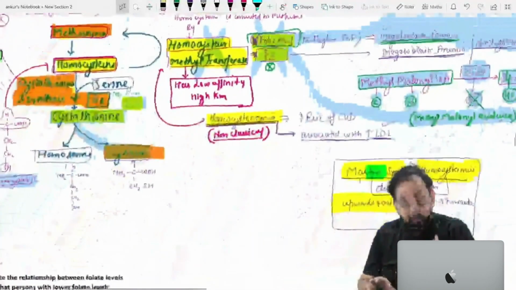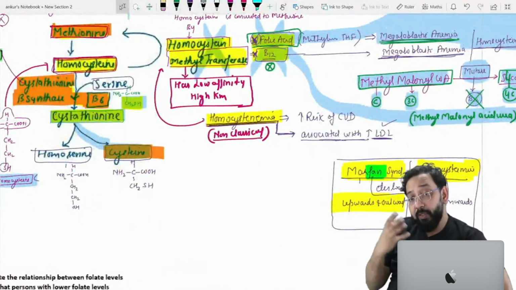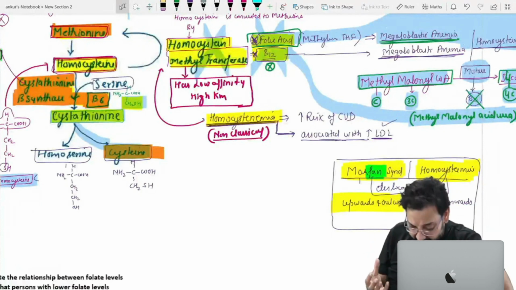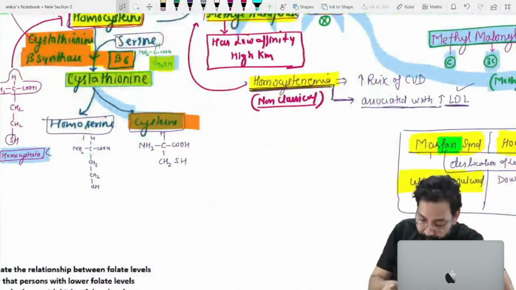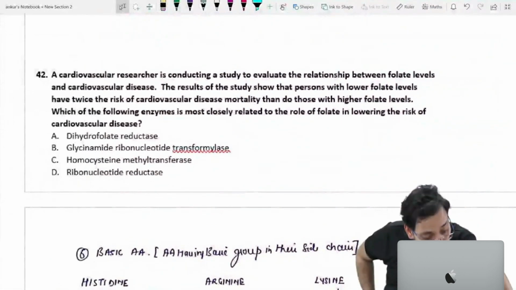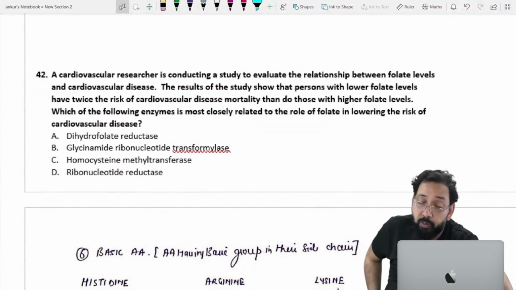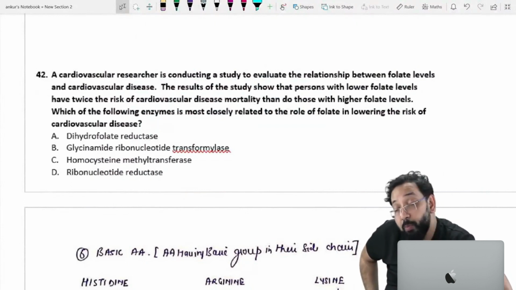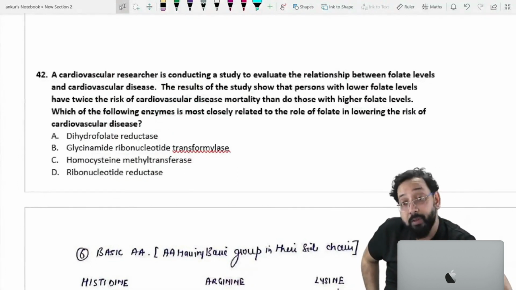If you have only 1 molecule of folic acid, which reaction will the body prefer to utilize this folic acid methyl group in, this reaction or the genetic reaction? Please do tell. If you have less folic acid, definitely our body will try to use folic acid for the more vital thing, meaning conversion of uracil to thymine.